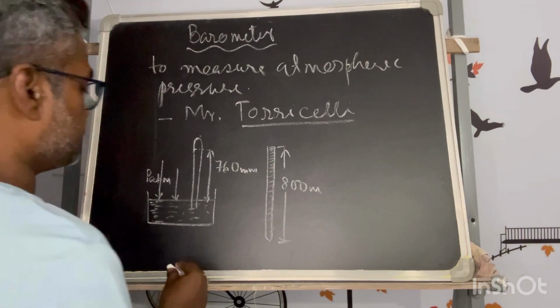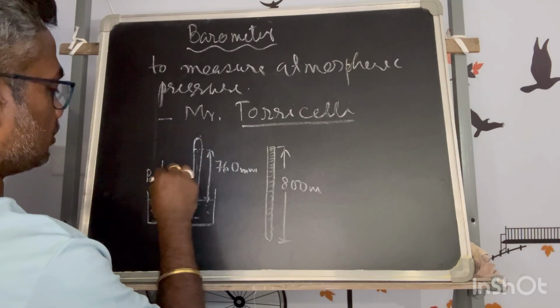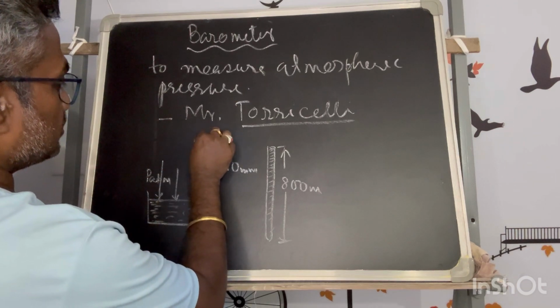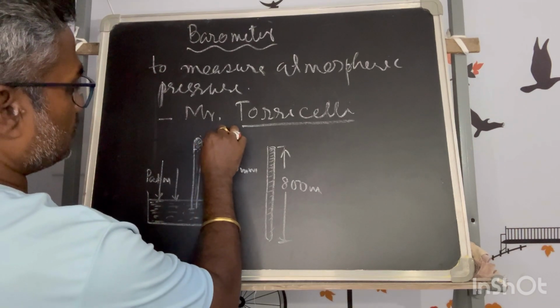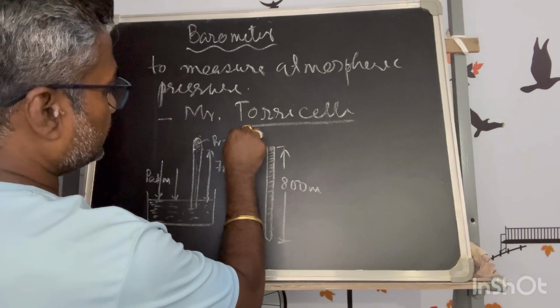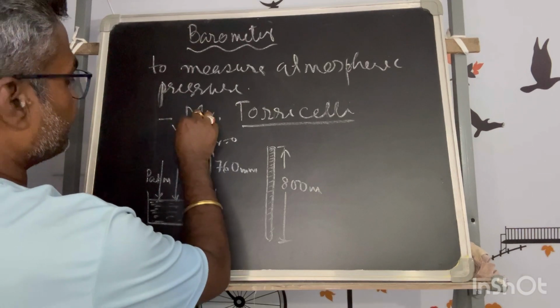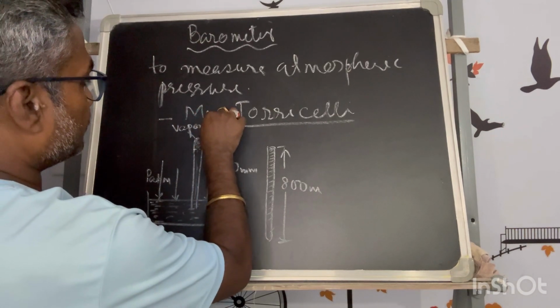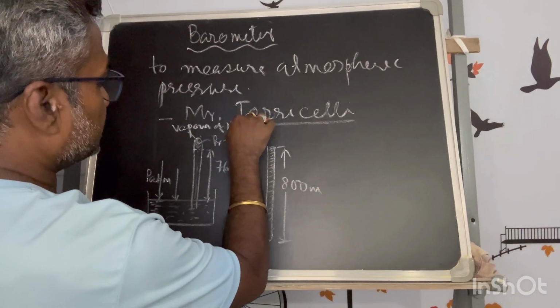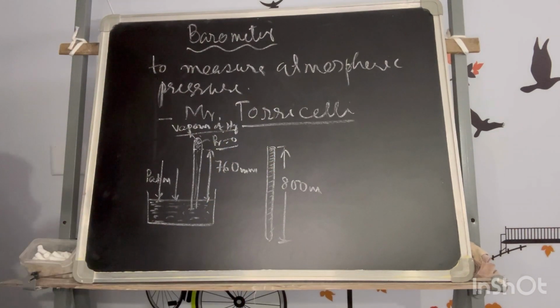So he assumed that in the vacant space above, the pressure is almost zero, because it is filled with the vapor of mercury, Hg, and the pressure is almost treated as zero.